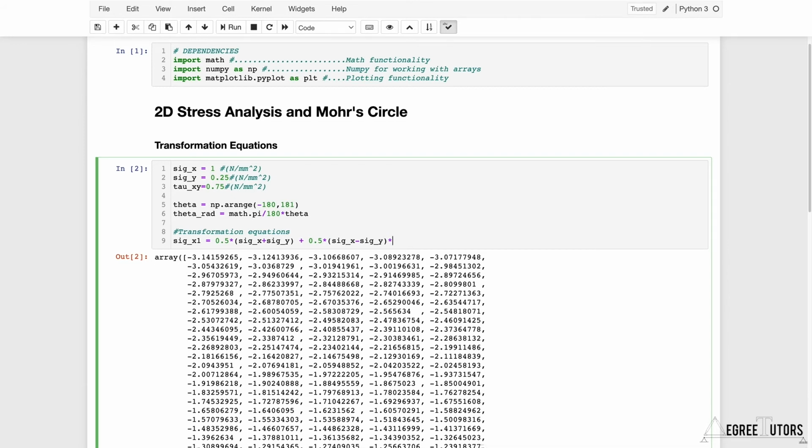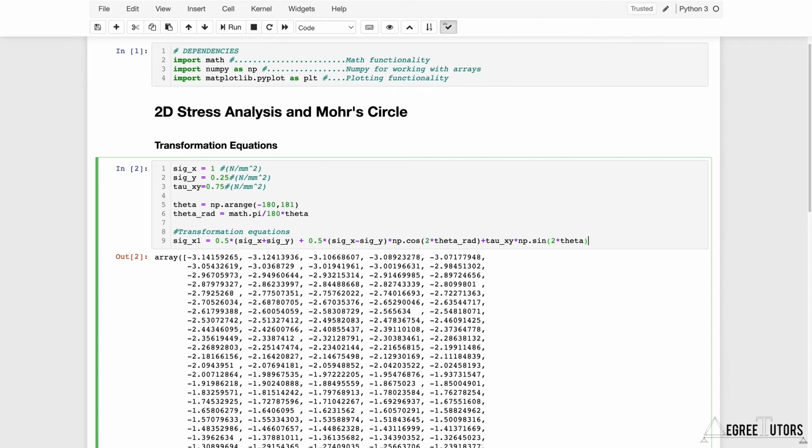I'm going to be taking the cosine function from the NumPy library because I need to pass it a whole range of values rather than just one. So I'm going to say np.cos of 2 times theta, and remember we want the radians version, plus tau xy times the sine of 2 theta. All right, now all that is us building up the first transformation equation.